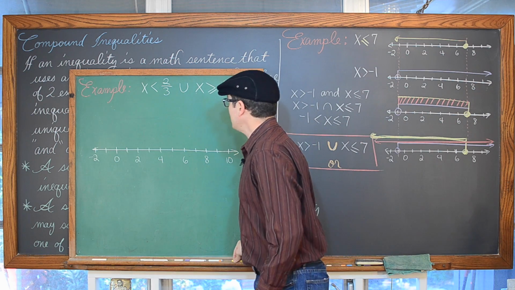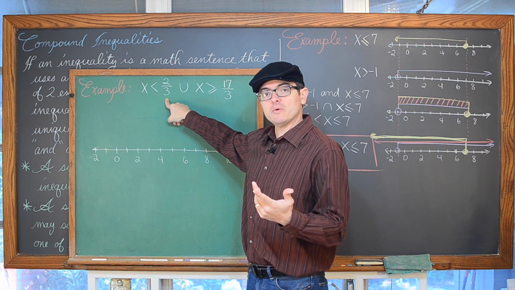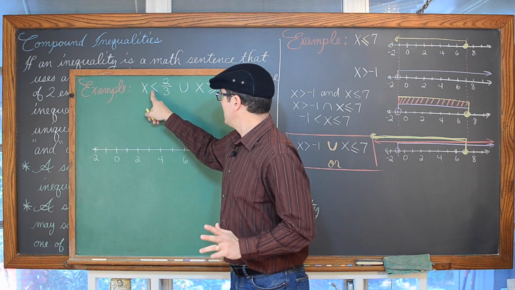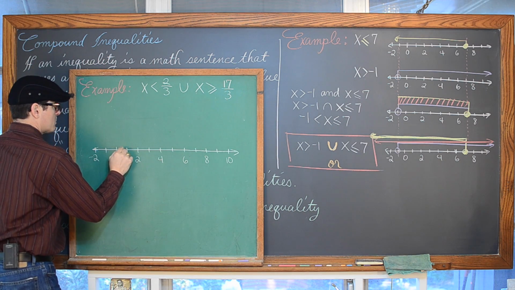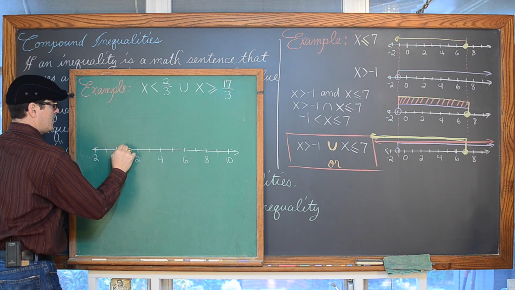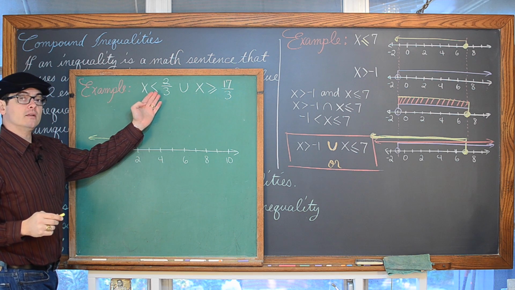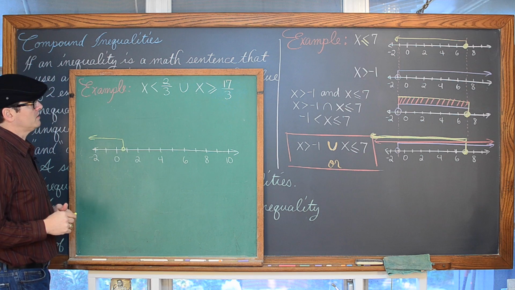Well, let's see here. 2/3, that's greater than 0 and less than 1, so we're going to go a little bit closer to 1. We're going to put an open dot because there is no equal sign. And we're going to shade to the left because it says x is less than 2/3, smaller than 2/3. Those numbers are to the left.